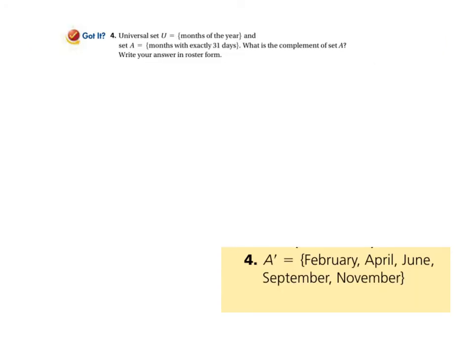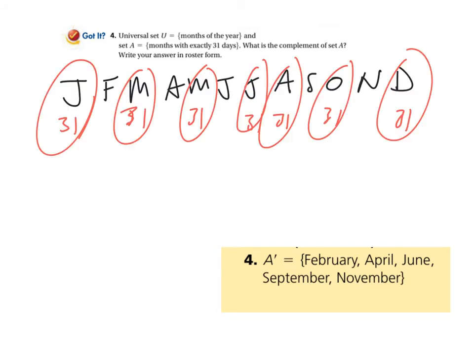Alrighty, so your universe this time is months of the year, and set A is months with exactly 31 days. What is the complement of A? Write the answer in roster form. So here you have the months of the year: January, February, March, April, May, June, July, August, September, October, November, December. And I've written and circled the ones that have 31 days. So again, the universal set is all 12. Set A is exactly 31 days.